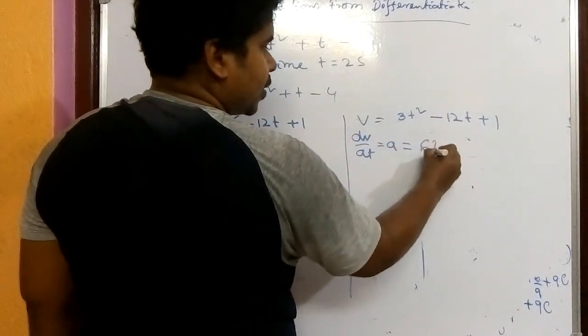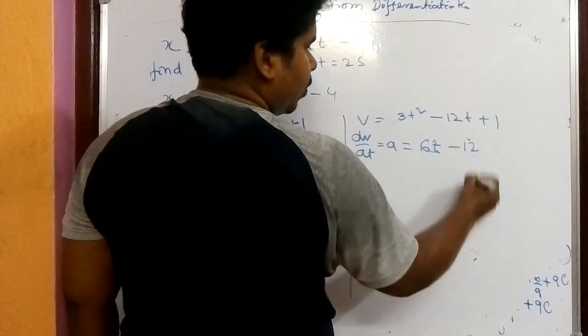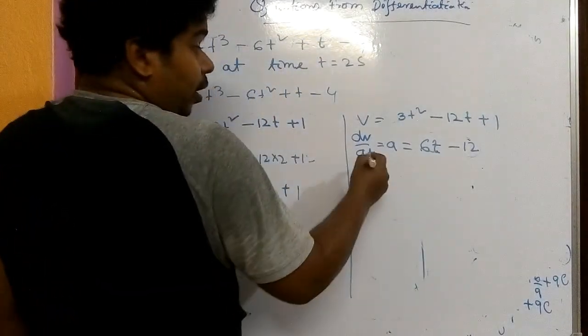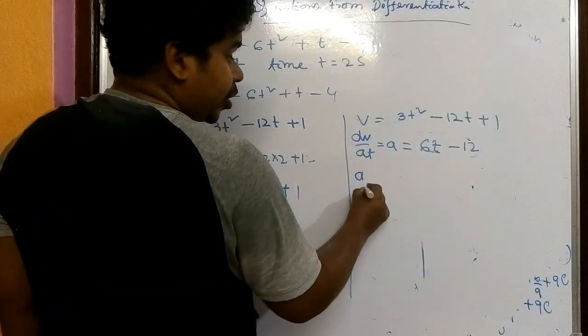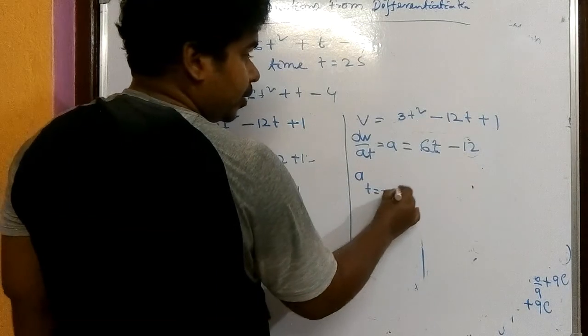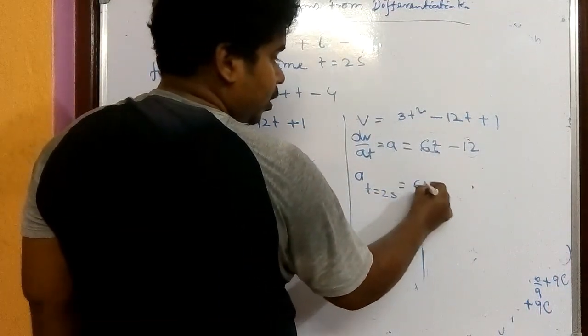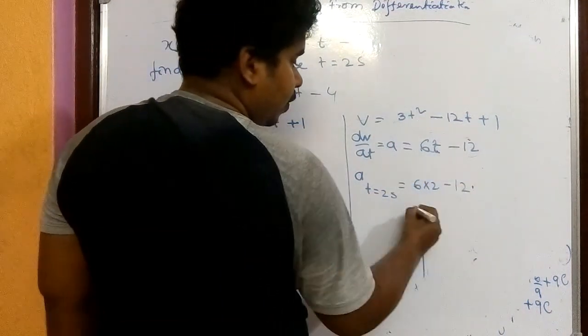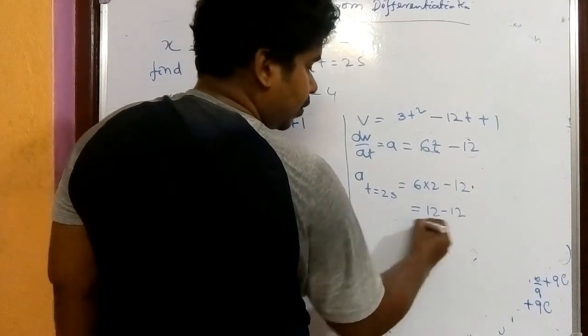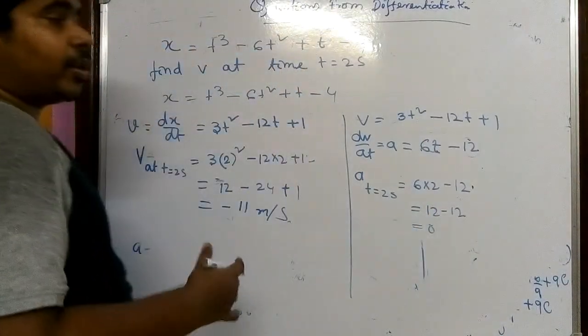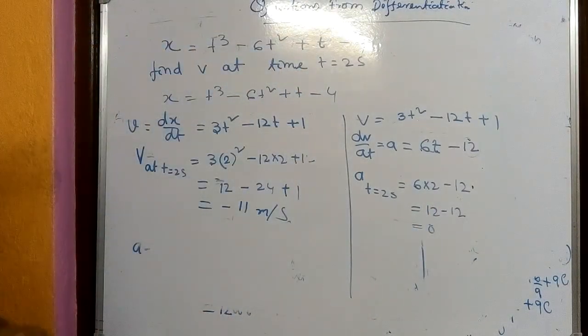So it will be 6t minus 12, and this will be 0. If it is told to find acceleration at time t equals 2 seconds, so 6 into 2 minus 12, it is 12 minus 12, it is 0. So our acceleration at 2 seconds will be 0. So this type of questions have come in exam.